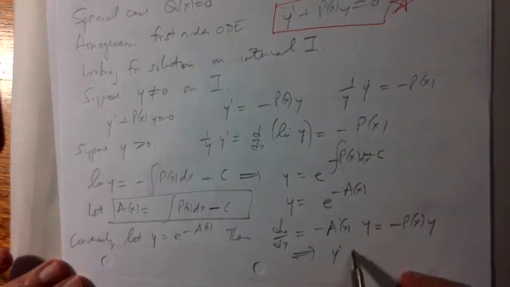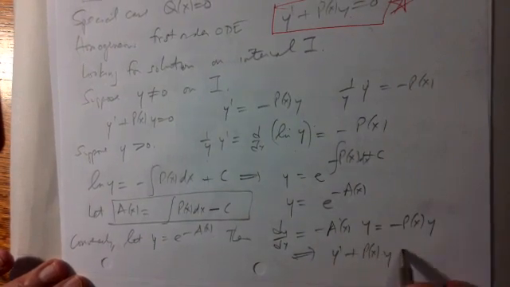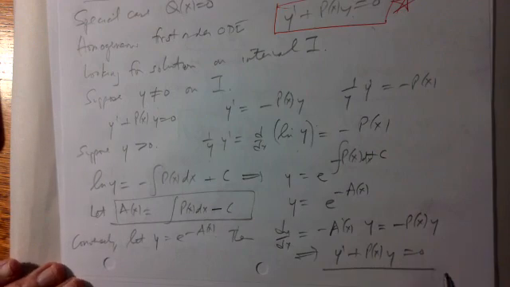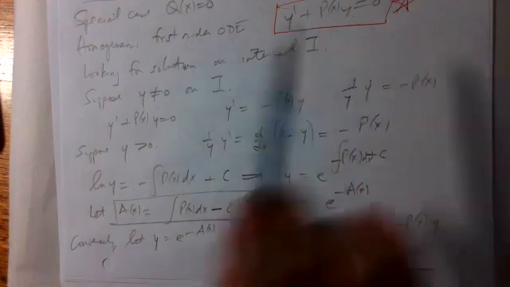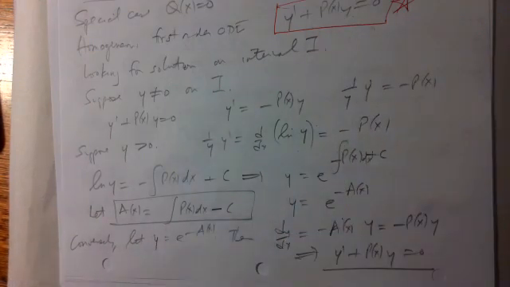Which means that y' + p(x) y is 0. So this says that this differential equation has a unique solution for any c.